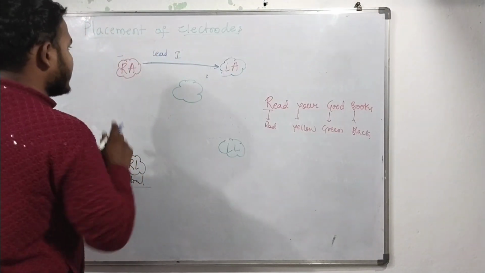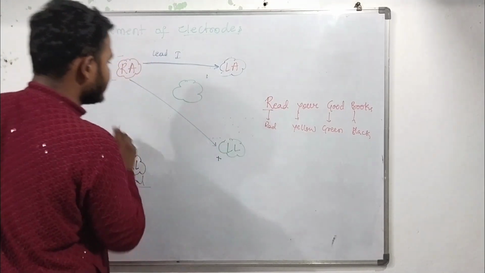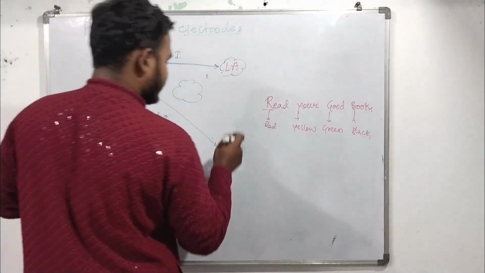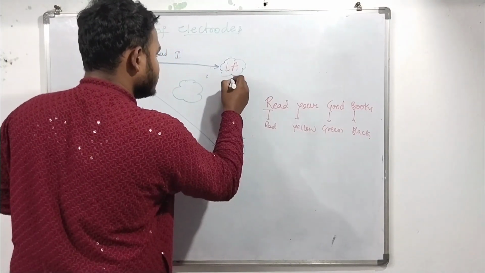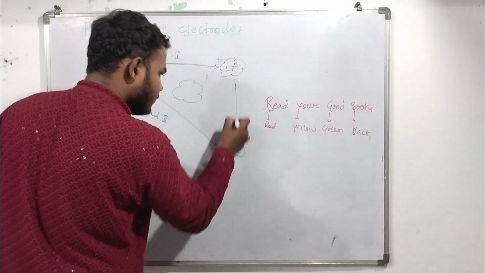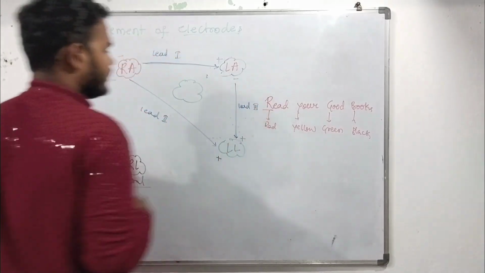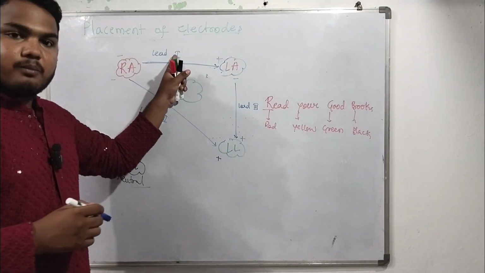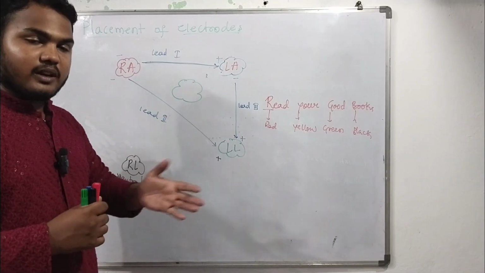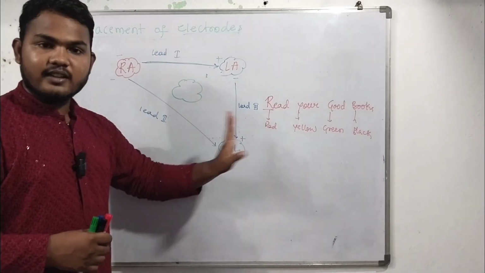And from here again, from negative to positive, here is lead 2. Next from here it is positive to negative, it is lead 3. Okay, these are the 3 bipolar leads. In the limb leads, the 3 bipolar leads are completed: lead 1, lead 2 and lead 3.